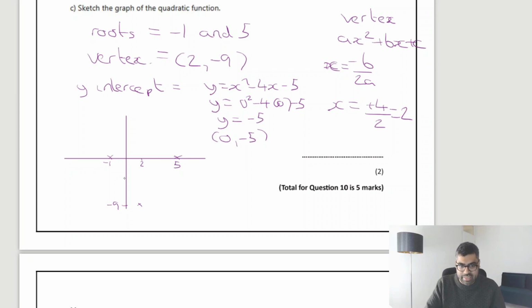We know 0 is here, and let's put minus 5 about here. Again, it doesn't have to be exactly accurate. So we literally just sketch this out. This is a regular quadratic curve. Forgive my artwork, but it's going to be something like this. So we've sketched this out, and this is really a great question for 5 marks.